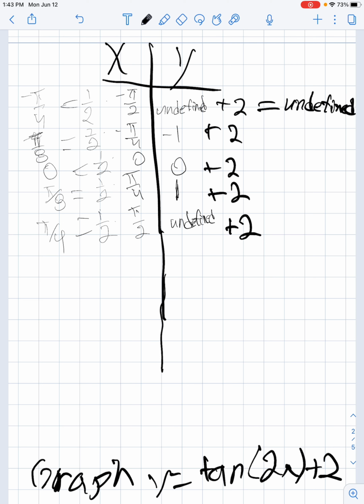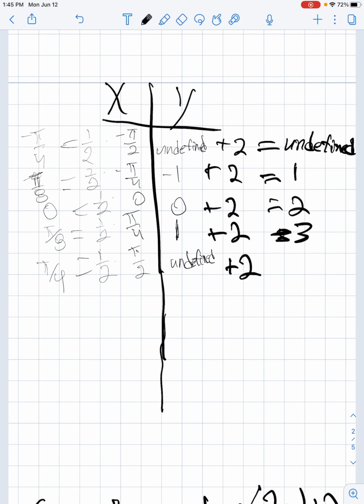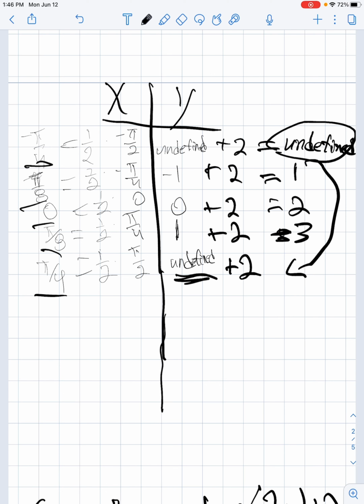So this would be 1, this would be 2, and this would be 3. To continue, since we know this first rule, this would also be undefined. And then we have all we need to know for the new points on the graph.